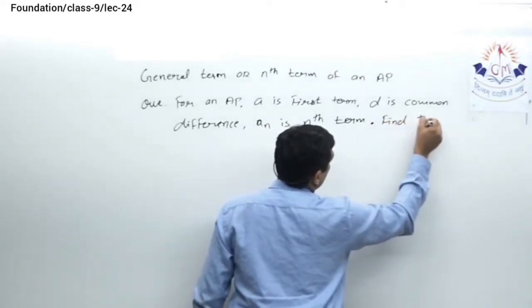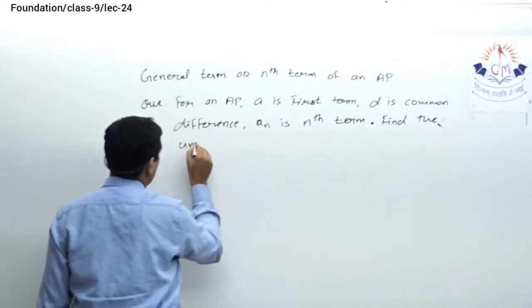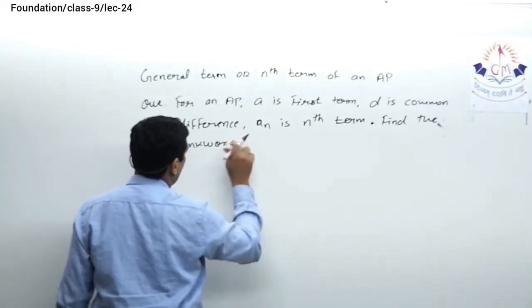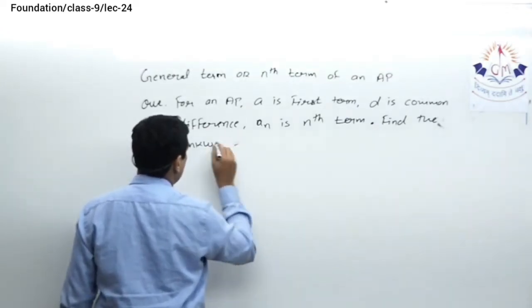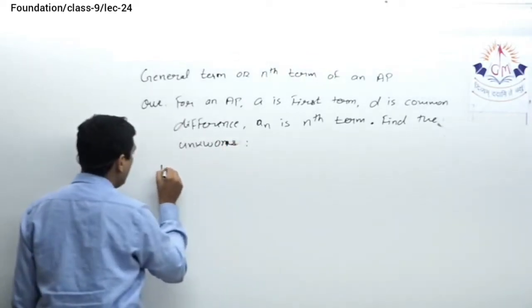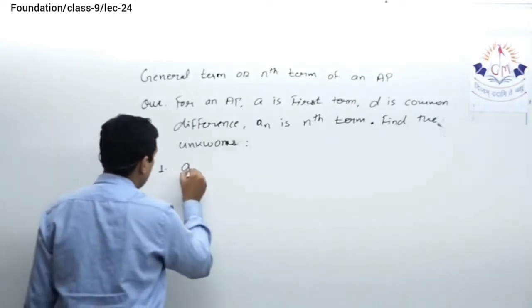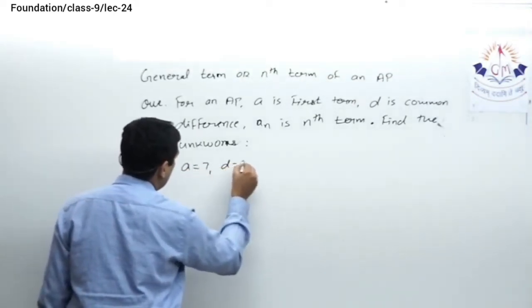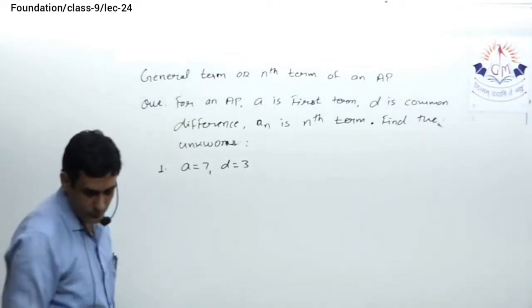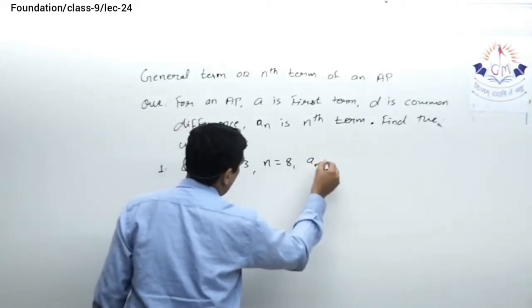Find the unknowns. In the first one, a is given, d is 3, n is 8, and an you have to find.